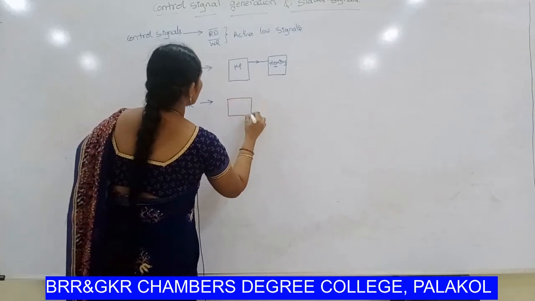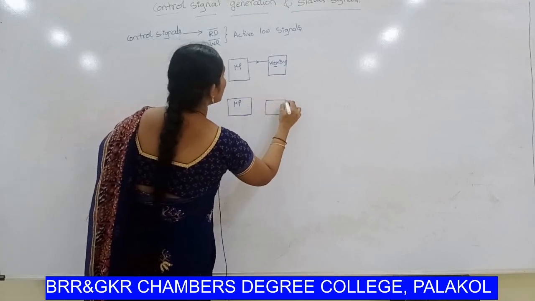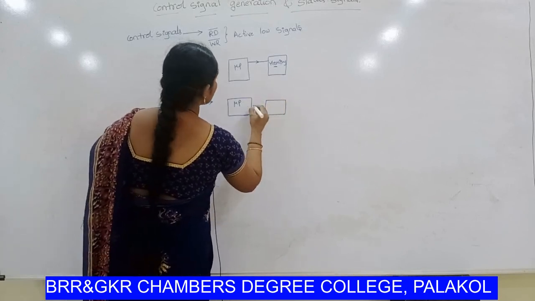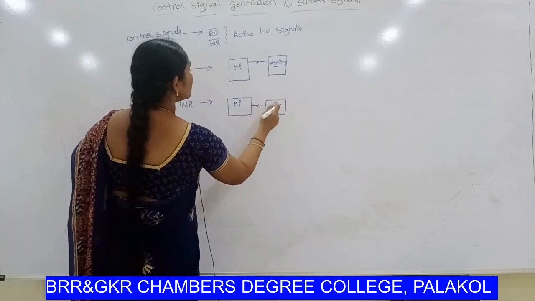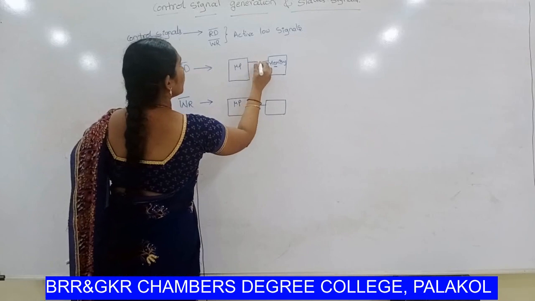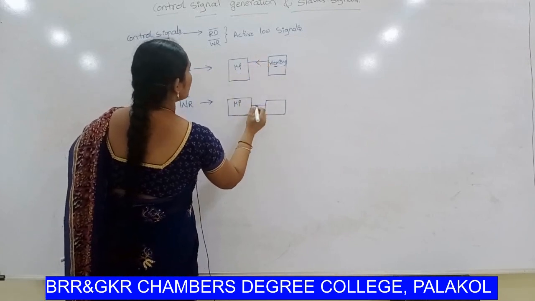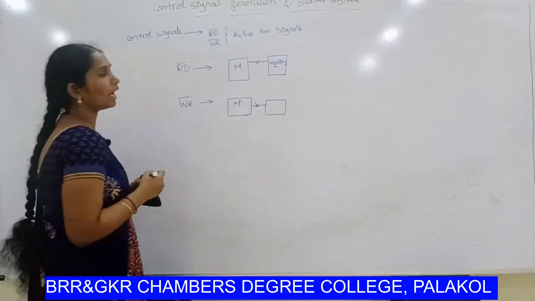So here this is a microprocessor, and this is some peripheral device. This is from memory to microprocessor, and this is from microprocessor to memory.